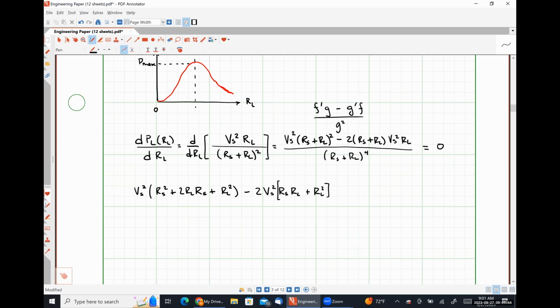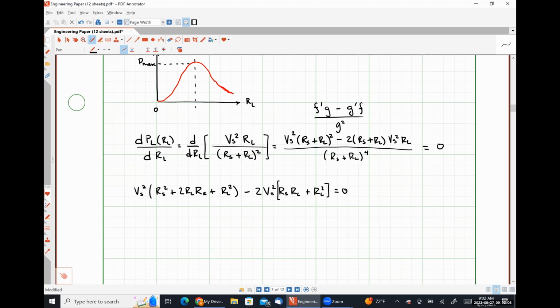Is my algebra correct there? Did I get too fancy with my brackets? So I just took the 2Vs squared out and then distributed the RL on the very right side to the Rs plus RL bit. Okay. All right. This is equal to 0.